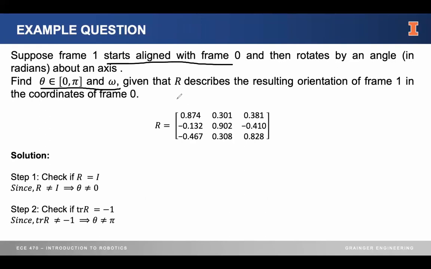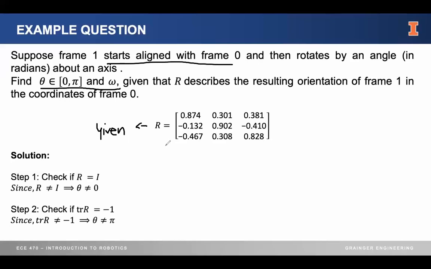So we are given the rotation matrix and we have to determine the angle theta by which it rotates about the axis omega. There can also be a case where we are given the transformation matrix, but it's the same as the rotation matrix, and we can break down the transformation matrix into the rotation matrix and the position vector.